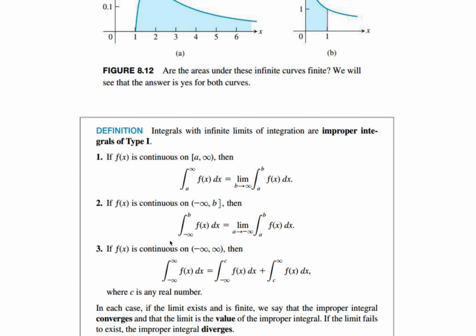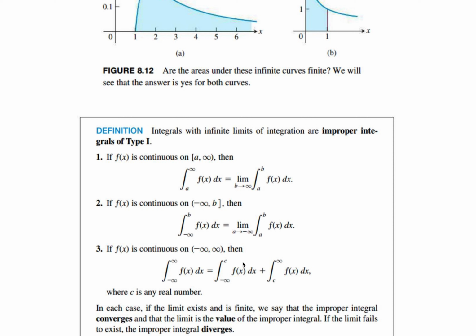If both the upper and lower bound go to infinity, so the one goes to negative infinity, the other goes to positive, then you can split it up. Just find some point c in the middle, a point c that's convenient, and we'll do an example of this later. And then you just basically combine the first two parts there.